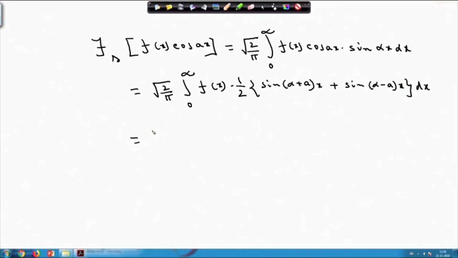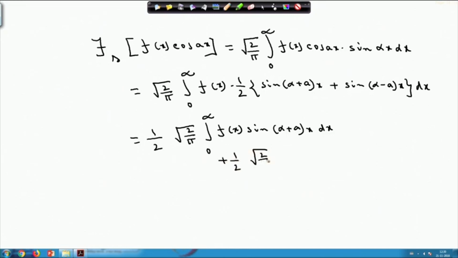So your half is coming out, and root over 2 by pi will be one case, 0 to infinity f x into sine of alpha plus a into x dx, plus half into root over 2 by pi, 0 to infinity f x into sine of alpha minus a into x into dx.